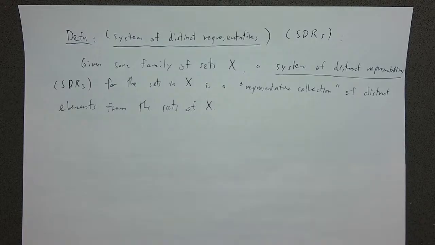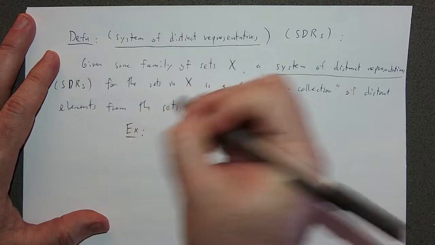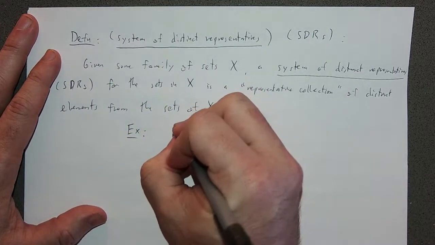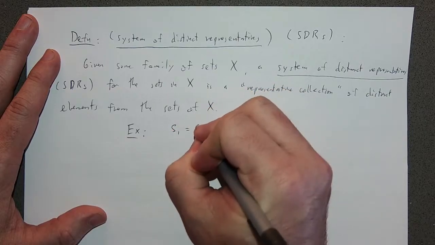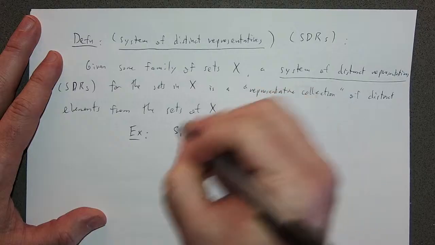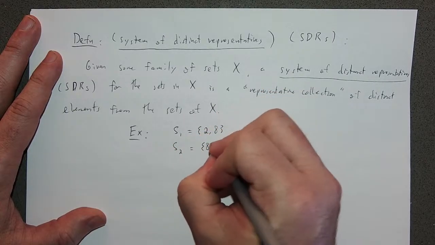So let's do an example. Let S1 be the set that contains the elements 2 and 8. Let S2 be the set that contains the element 8.